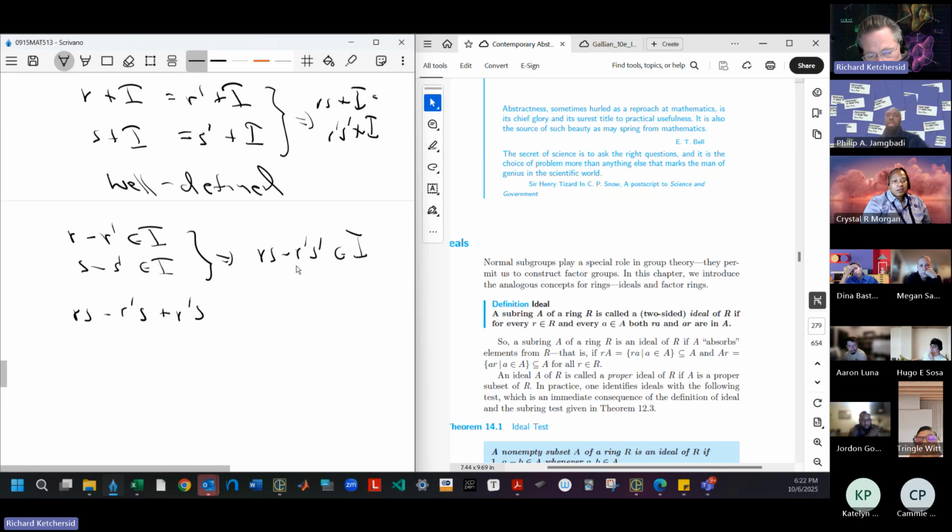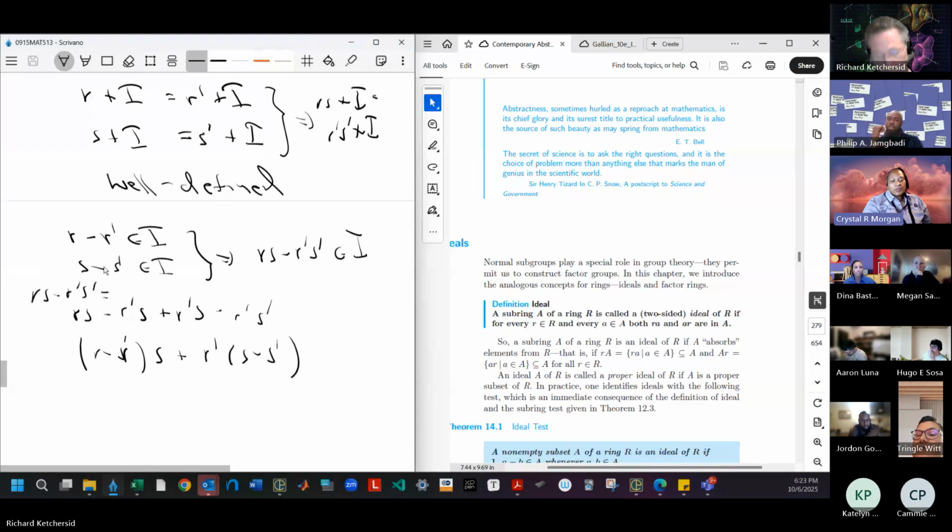And I'm going to subtract r prime s prime over there. And I'm going to rewrite this as (r minus r prime) s plus r prime (s minus s prime). And so this is the same as rs minus r prime s prime.